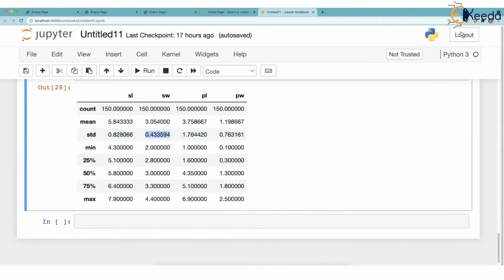So what you can understand, please check this, is that if you take the minimum sepal width, it is 2, and the maximum sepal width is 4.4, and the mean, check the mean, is 3.05, somewhere here, correct? Then the standard deviation is only 0.433 here and in this direction. The spread is only that much.